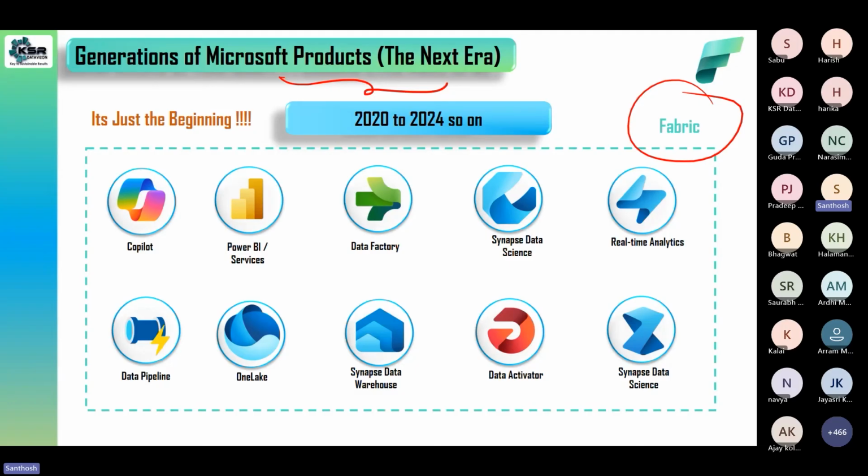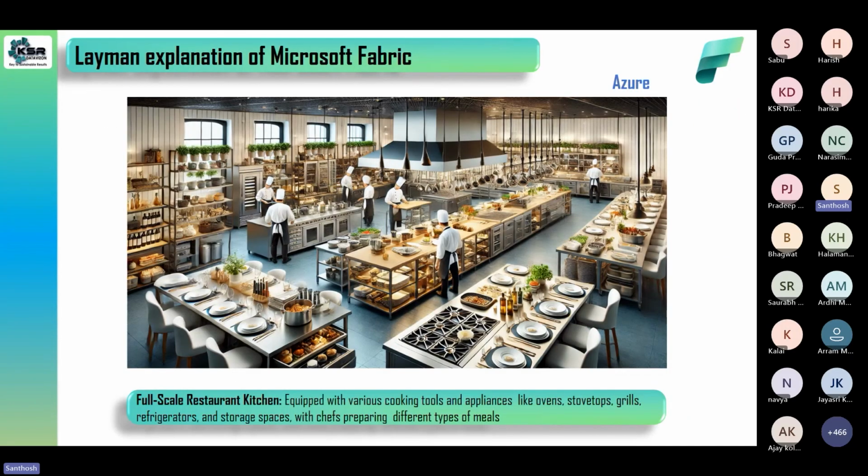What I want to tell you is, this is Azure. What is Azure? Azure is like a full scale restaurant. You'll get all types of food: Italian, Chinese, Indian, South Indian, every type of food.